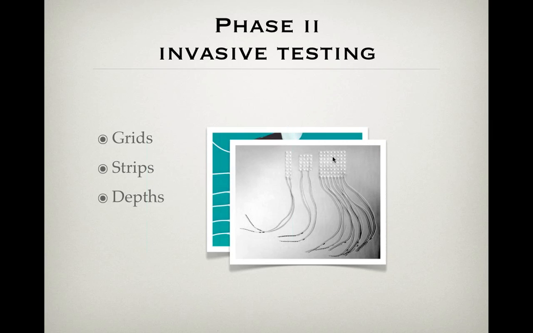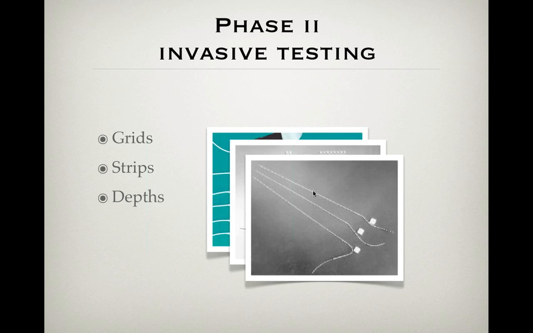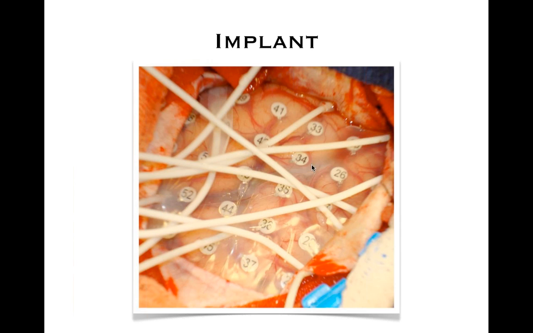These are just different types, and all of these cables coming out feed into a computer, and we're able to record exactly what's going on underneath each individual electrode. These electrodes can go right into the brain like a shish kebab skewer, a crude way of thinking of it, but they can go right into the brain tissue itself and record in several different areas.